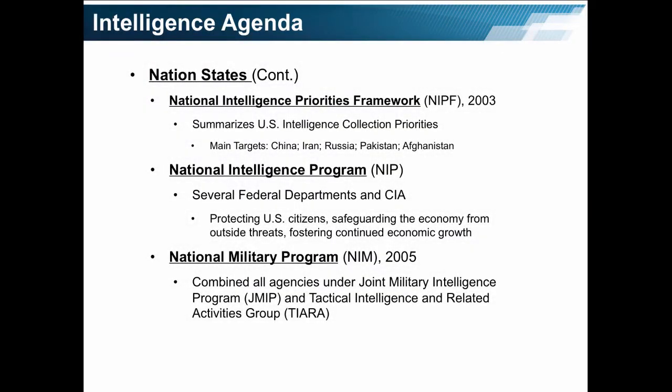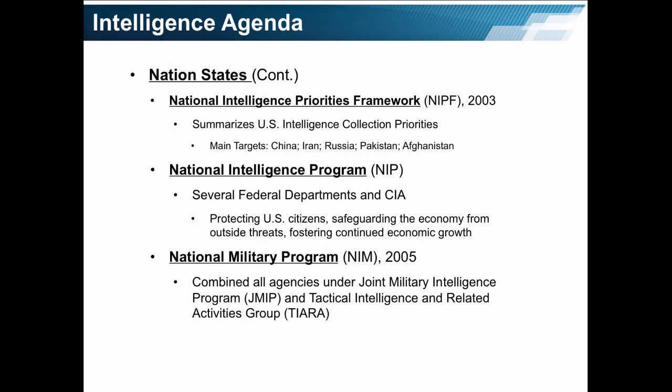The National Intelligence Priorities Framework summarizes the collection priorities of the USAIC. Today, these priorities are China, Iran, Russia, Pakistan, and Afghanistan. The National Intelligence Program spans several federal departments and the CIA.